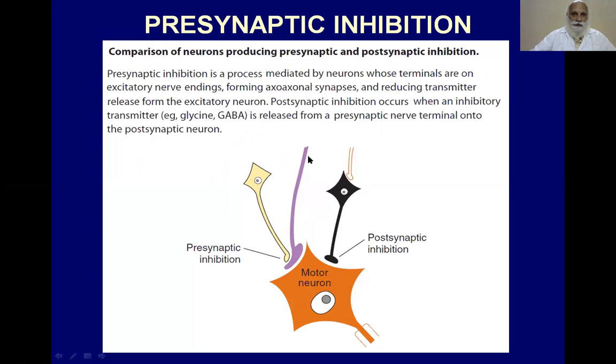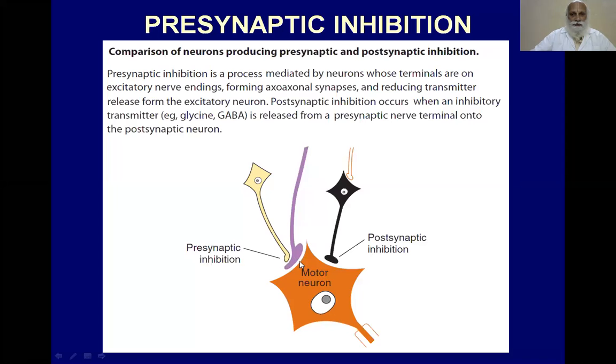But now, this one causes excitation, and this neuron is ending on the axon terminal near the synapse. When it is activated, it causes inhibition of this process.